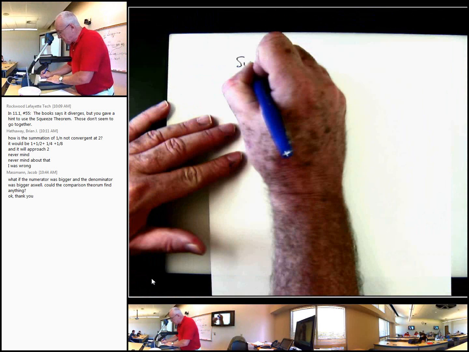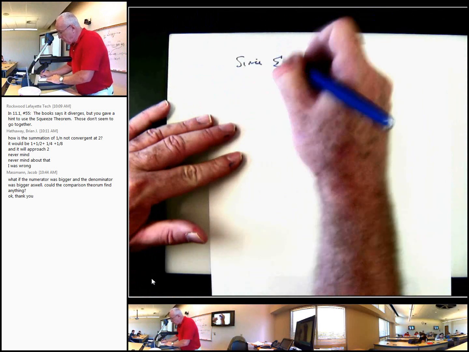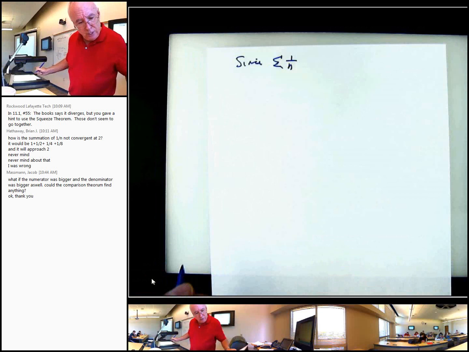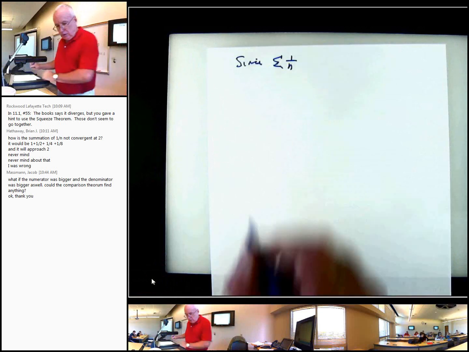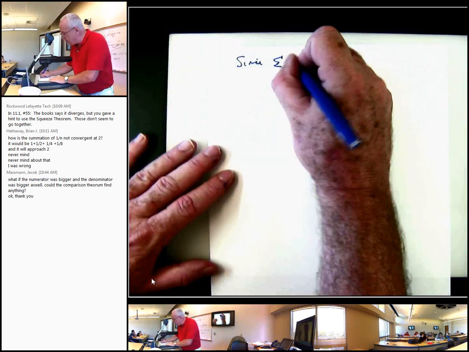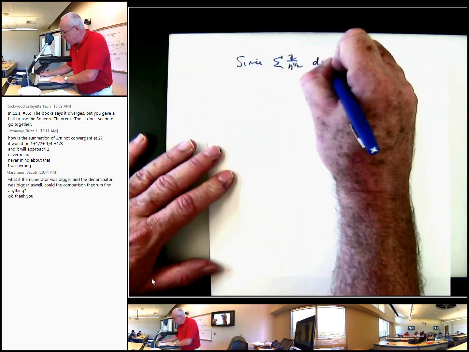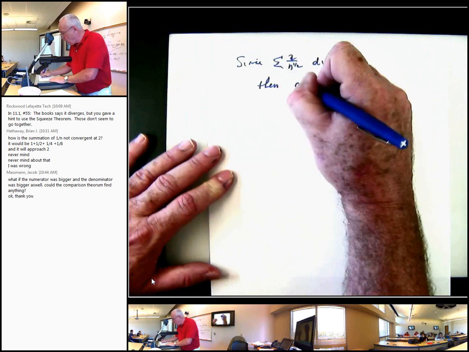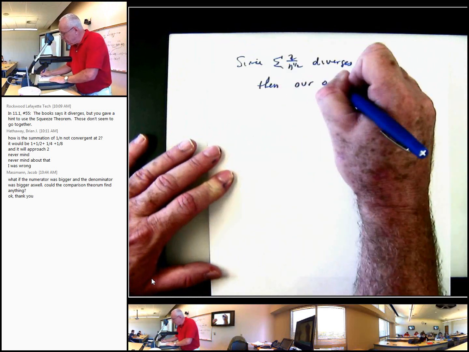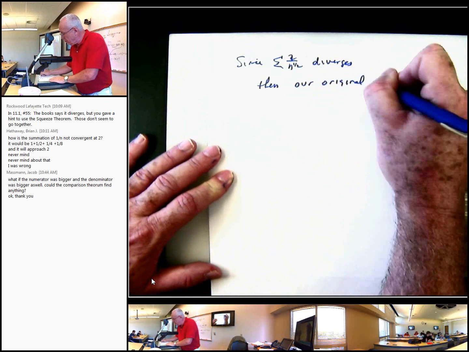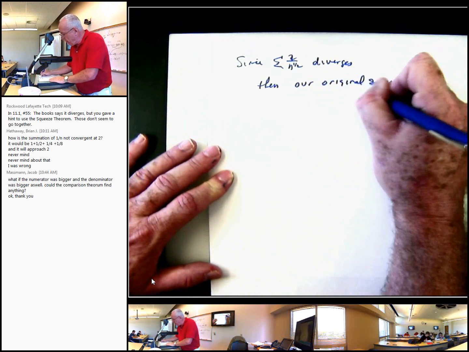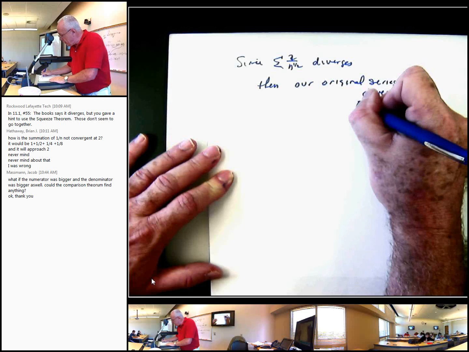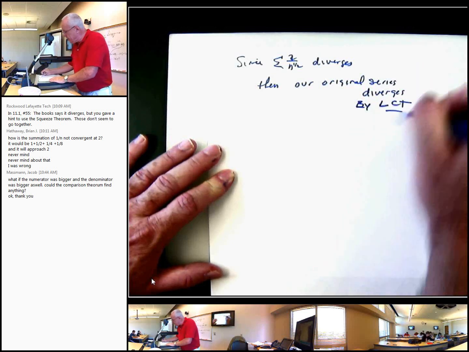So since the sum of 1 over n to the 1/2 power diverges, then our original series diverges. And again, this is by the limit comparison test.